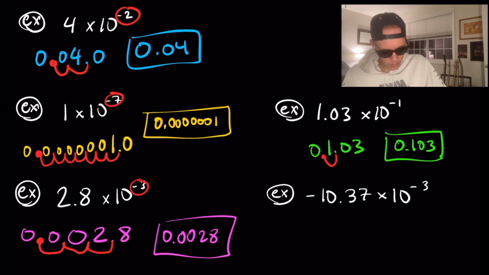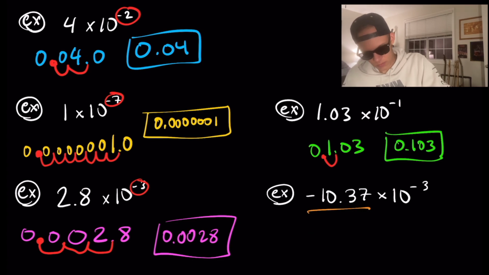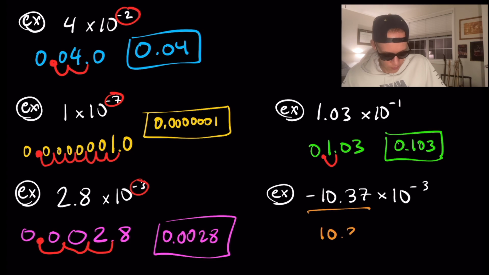Last one, negative 10.37 times 10 to the negative 3rd. This is already in decimal form, so that's good. So negative 10. And you know, we can ignore the negative for a second. We know our answer is still going to be a negative number. So I'm just going to take 10.37 to ignore that negative sign for a moment.